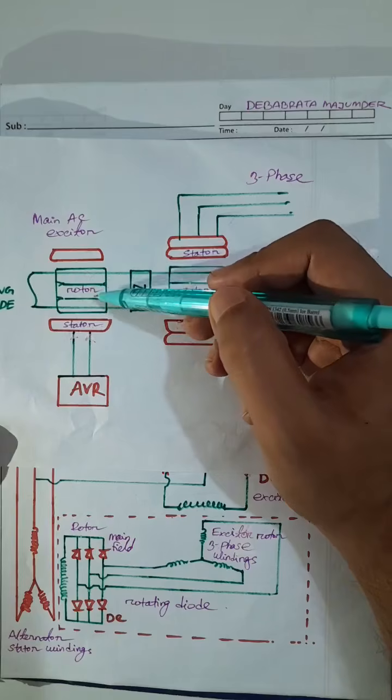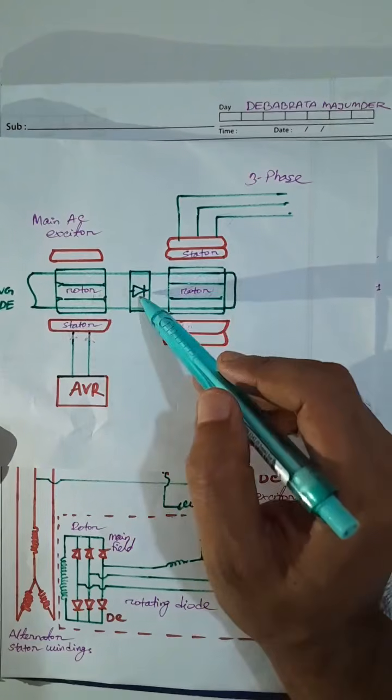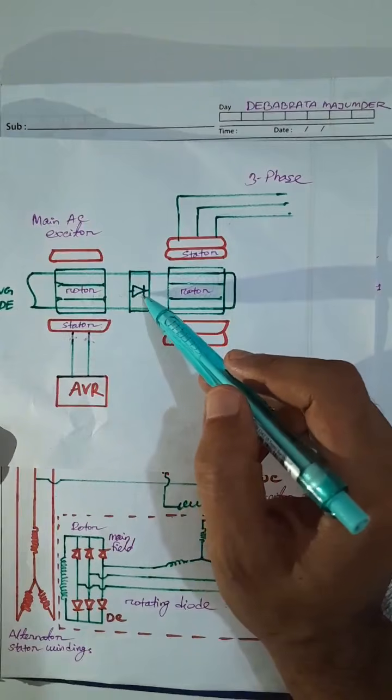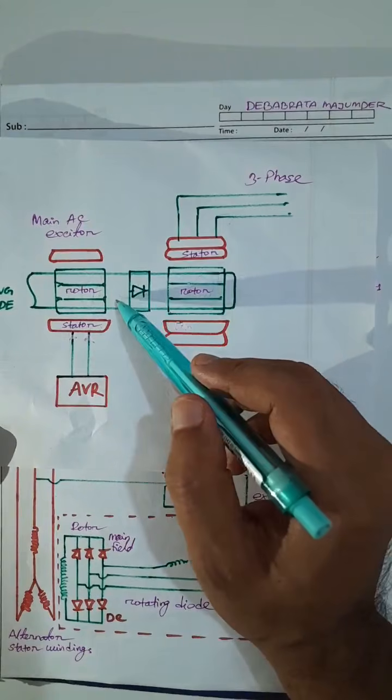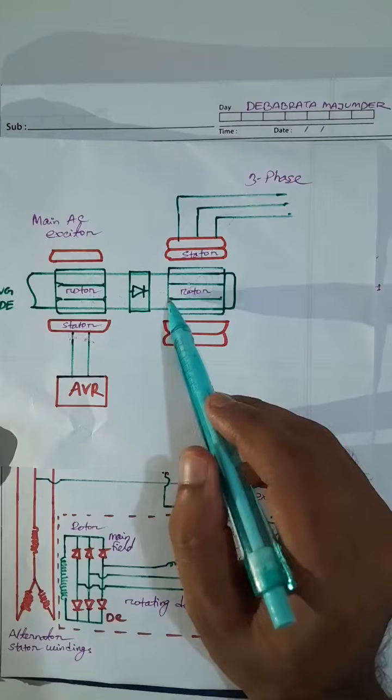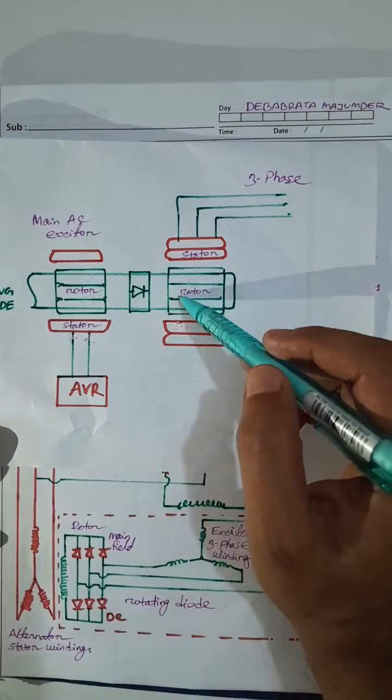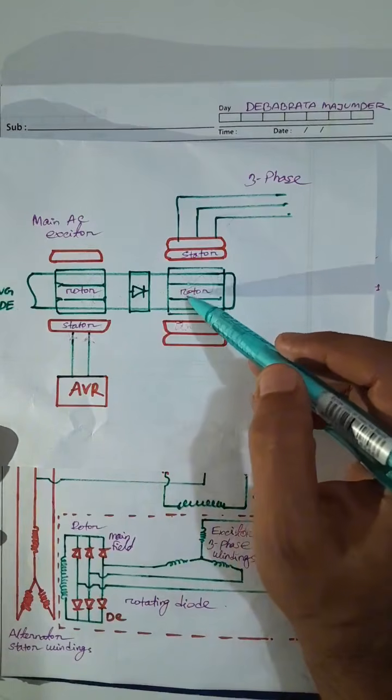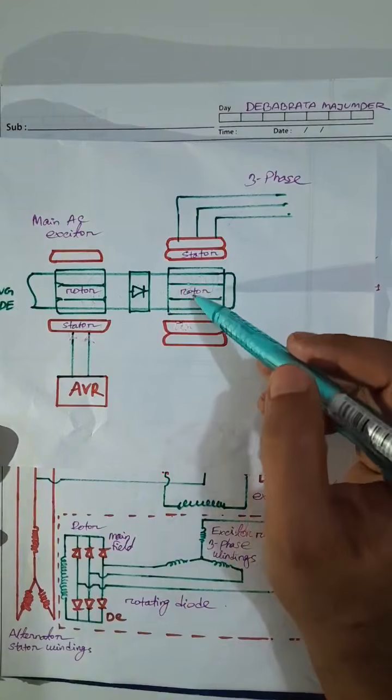This induced current will pass through the rectifier, and the rectifier converts this current from AC to DC, and this DC current will supply the main rotor windings.